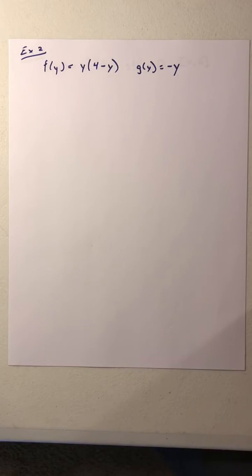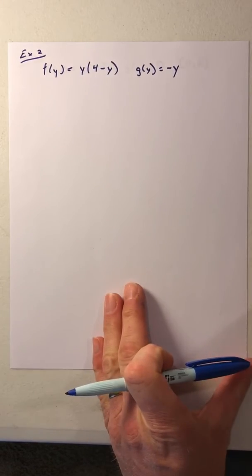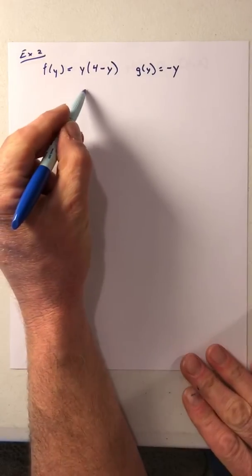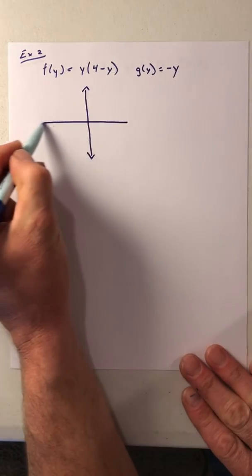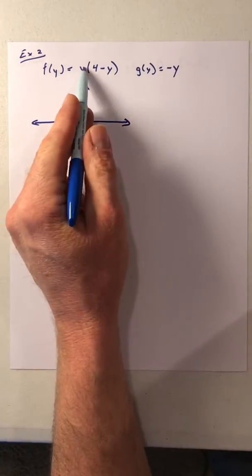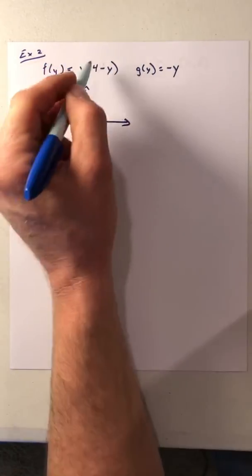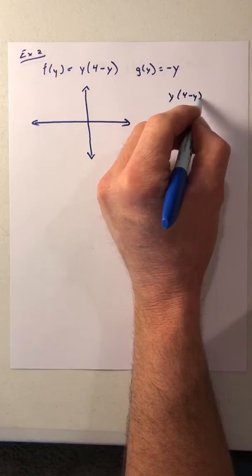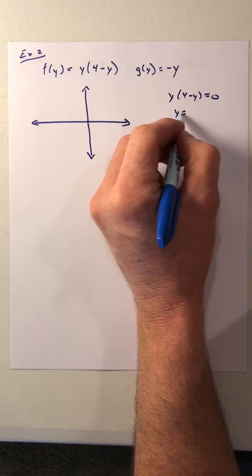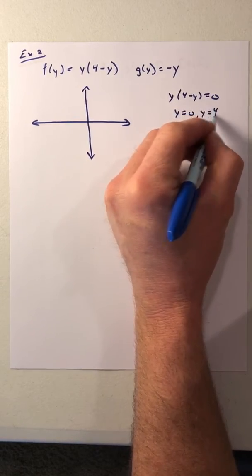In example 2, just another problem to allow us to work a little bit more with it. Again, I can go ahead and graph this. Y times 4 minus y. If I set those equal to 0 to find my zeros, I know that y equals 0 and y equals 4.